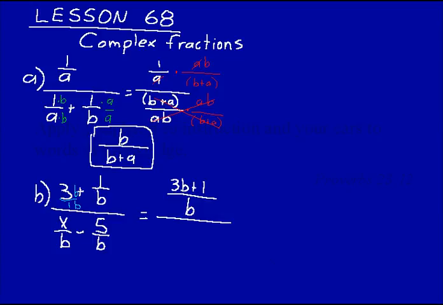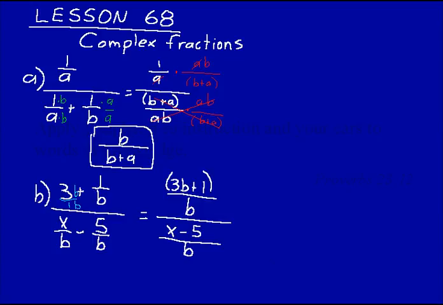Now let's look at the denominator fractions. x over b minus 5 over b. We have a common denominator there, so we don't need to multiply by anything. We just need to add the numerators together, x minus 5. Okay, now we can simplify the fraction.